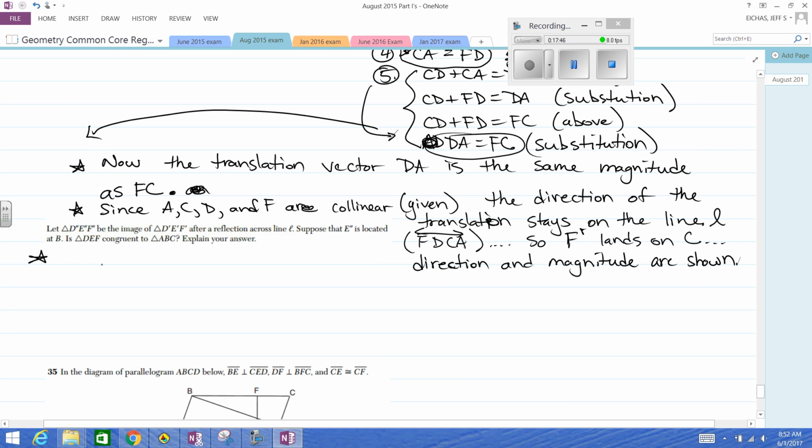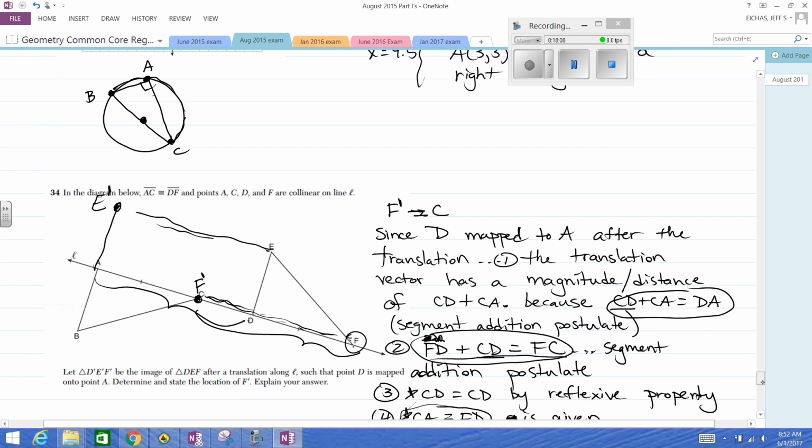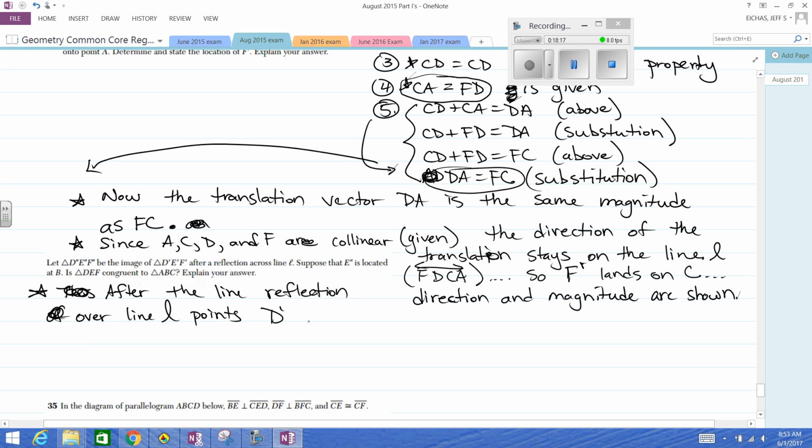Here's why. Let's talk about this. After the line reflection over line L, points D prime and F prime remain invariant because they are on the line of reflection, so they don't move.